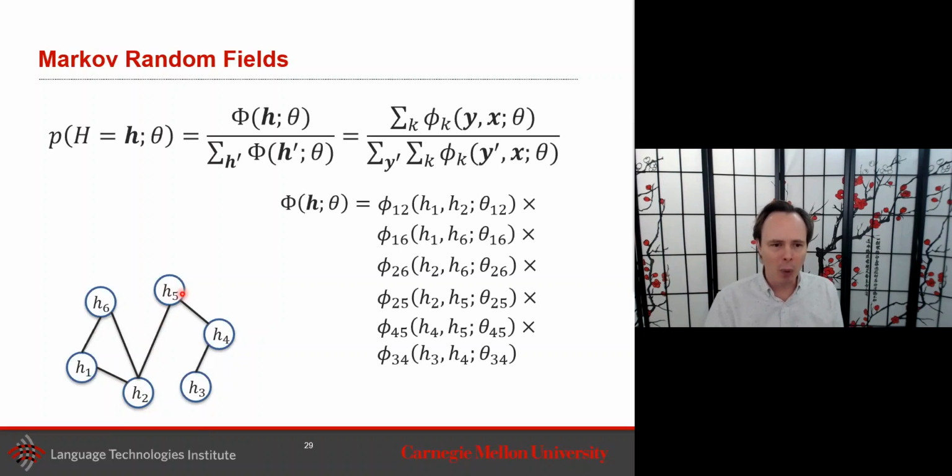But what if I wanted, in fact, the potential to be defined between 3 different variables, like maybe H5, H6, and H2? I need to know those 3 random variables to be able to know if this combination is likely, has a high potential of happening.